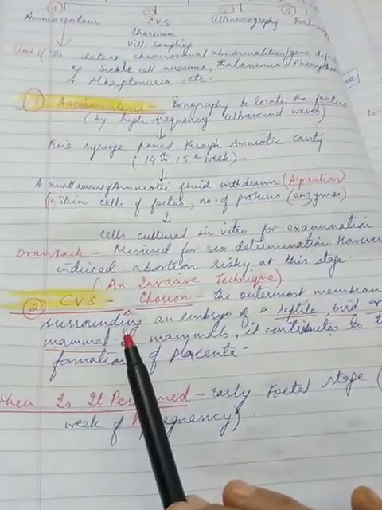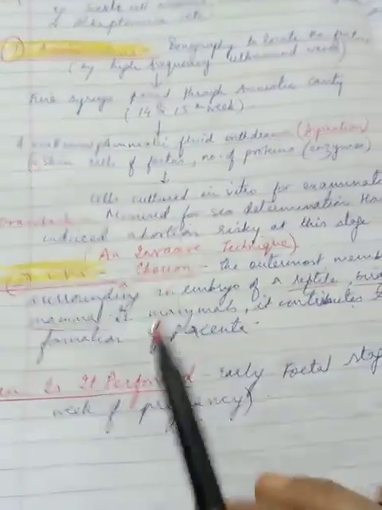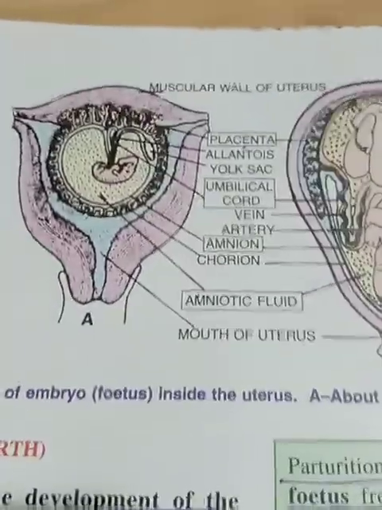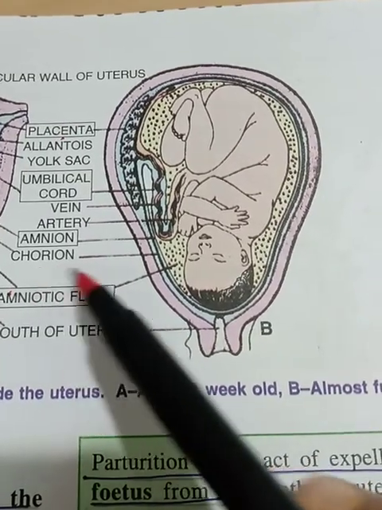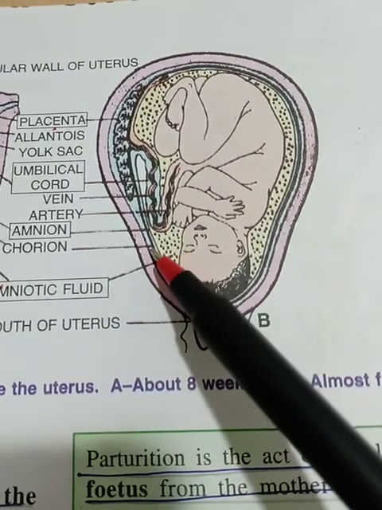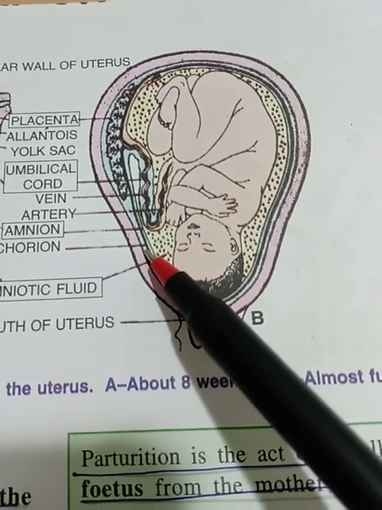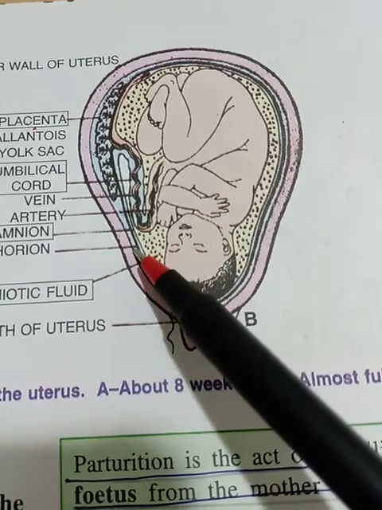Coming to another technique, we call it CVS, that is chorionic villi sampling, right? Now, chorion, what is it? Let us first see. I'll remind you of a diagram, children, in the class 10th book. Chorion is the outermost membrane that you can see here, which is surrounding the embryo of the mammal, that is a child in this case.